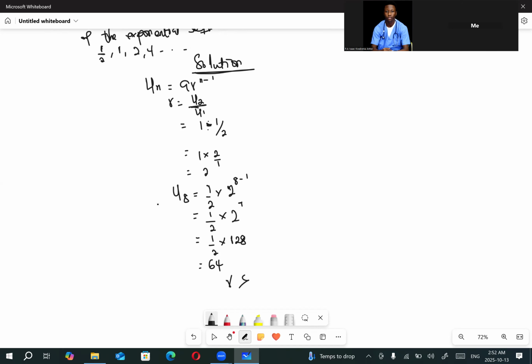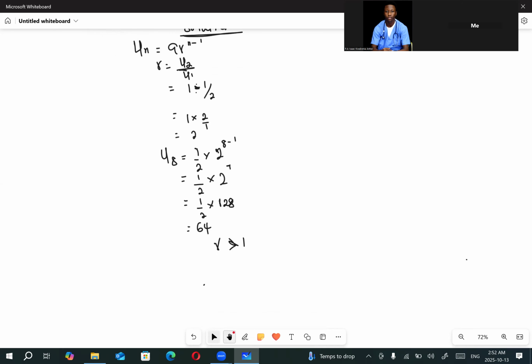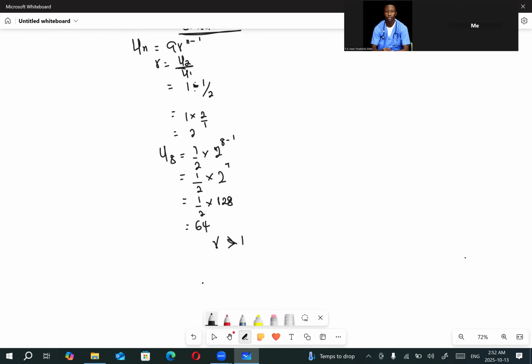If the common ratio is greater than 1, meaning 2, 3, 4, 5, 6, then to find the sum, Sn is equal to a into brackets r exponent n minus 1, all over r minus 1.